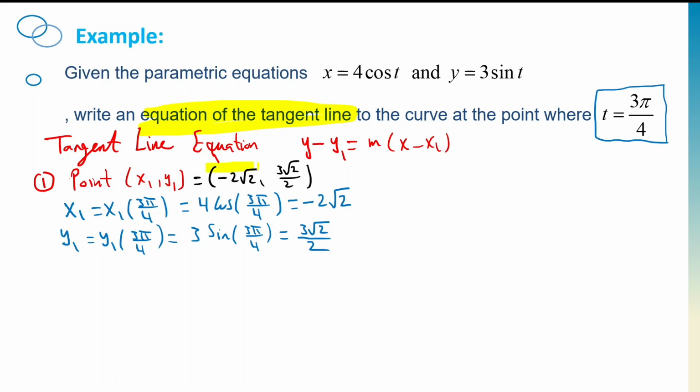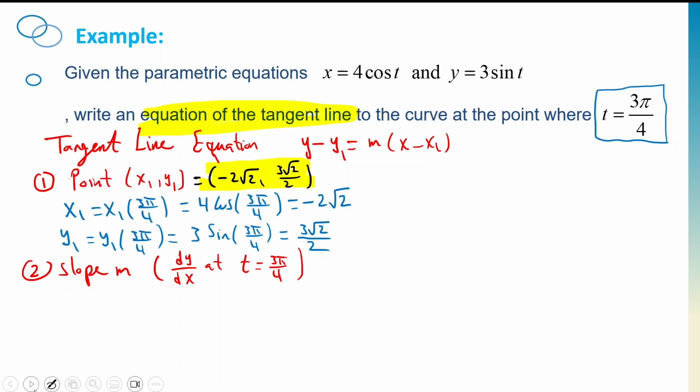Now we have the point already. Now the next part we need to find the tangent equation is the slope. And remember, the slope is always the first derivative. I need the slope m, which is basically dy over dx at t equals 3 pi over 4. So I need the first derivative.